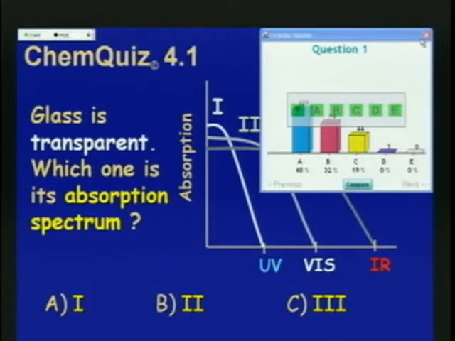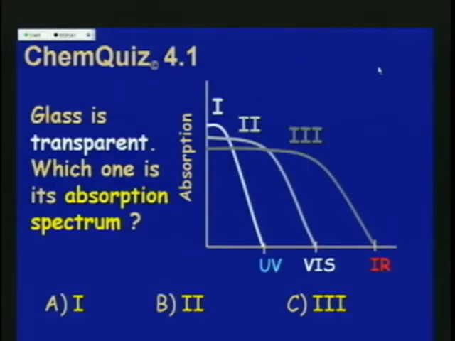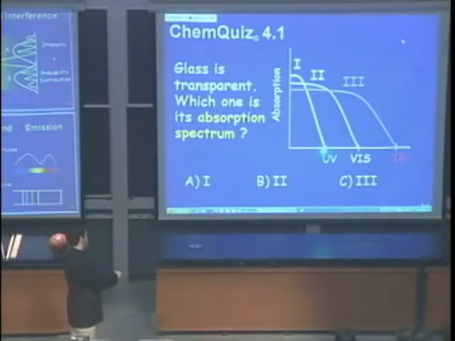All right, well, we still have some discrepancies here. Let's talk about it and vote again in a second. Let me tell you one thing. The visible absorption is all the way between the UV and the IR, right? Visible covers this whole region.